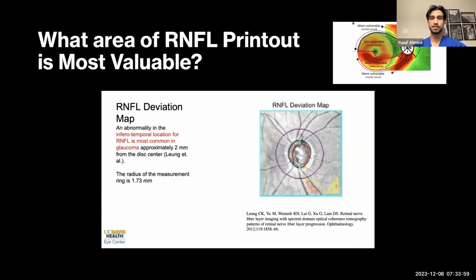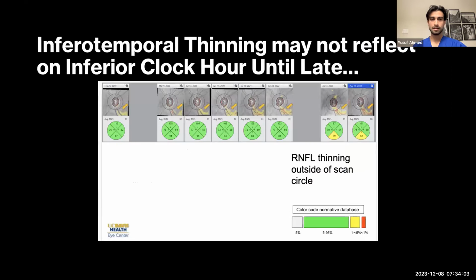However, the RNFL radius of measurement is 1.73 millimeters. So what does that mean? That means that we may not necessarily see the inferior quadrant clock hour correspond to a thin RNFL in that area until the inferotemporal RNFL has thinned beyond a point where it's reached that inferior clock hour.